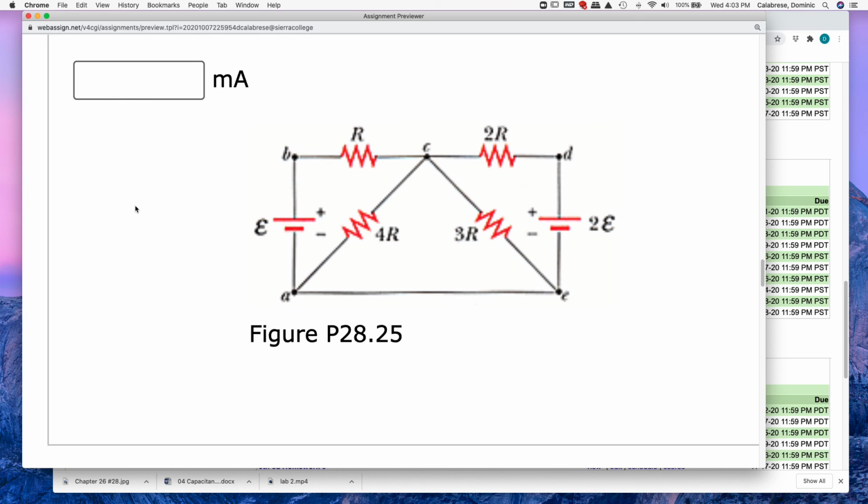You can apply Kirchhoff's laws directly, but you're going to have extra work. You can make one simplification to make life easy for yourself. What do you think you can do?